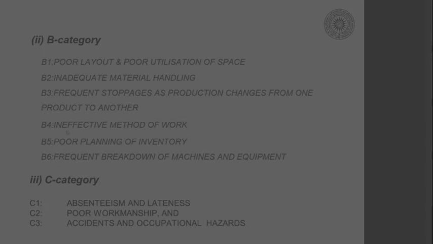Then B4 category defines the ineffective method of work. If we are not using the proper working method, for example, finishing can be done by a number of methods: manually by filing, or while machining, or by using grinders, or surface grinders, or by using high quality tools, or by using the correct cutting parameters, speed, and cutting tools.